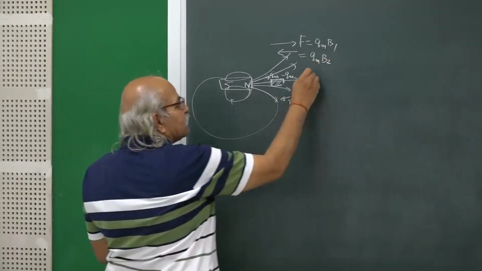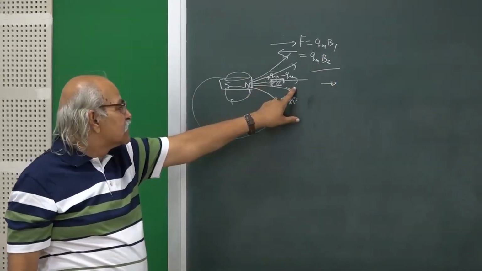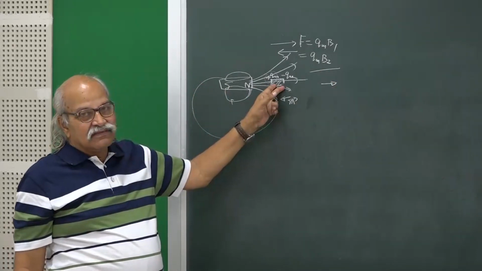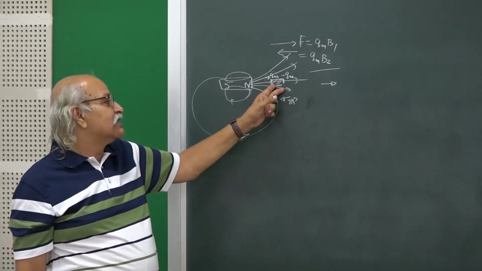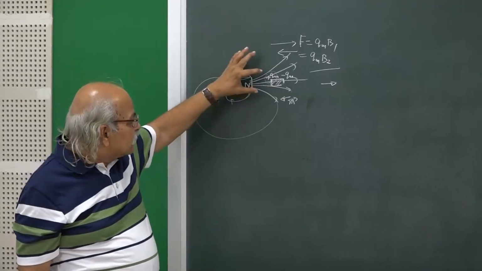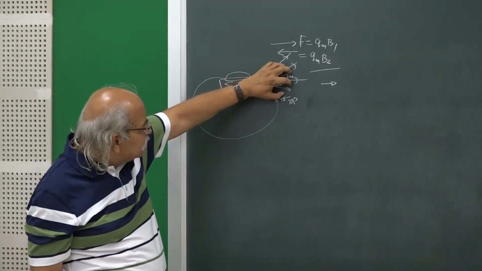So, the resultant will be towards right, and towards right means the magnet is repelling a diamagnetic material. In other words, this is the stronger magnetic field, this is the weaker magnetic field, and so on.